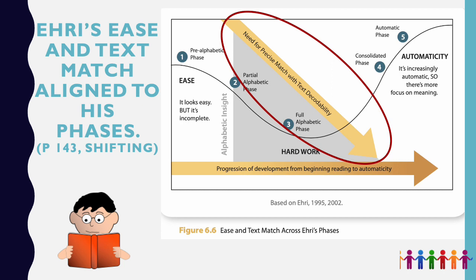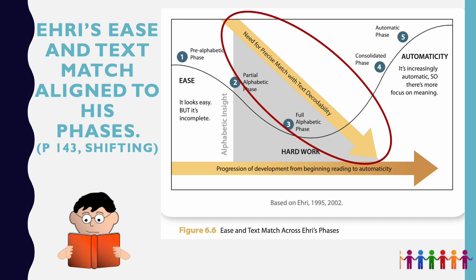We've talked a lot about Ehri, and this is a powerful graphic that demonstrates how text matches phases. If you look at the number 1, you see that it's a high level of ease. It looks easy, and it's the pre-alphabetic phase.